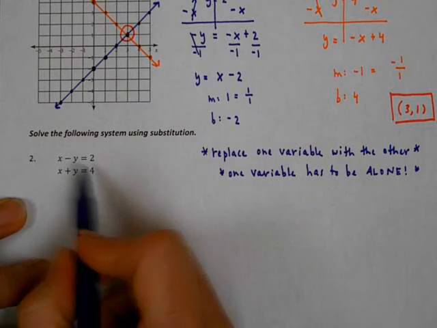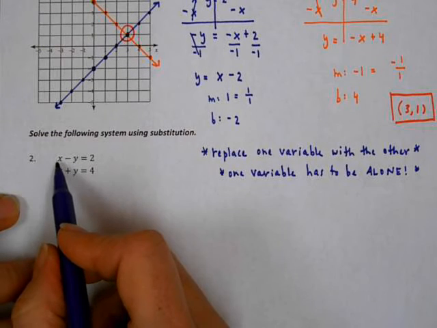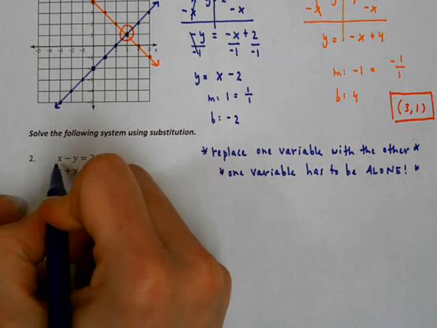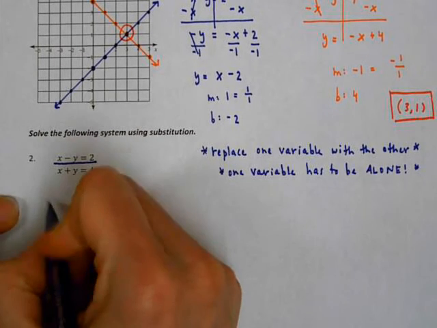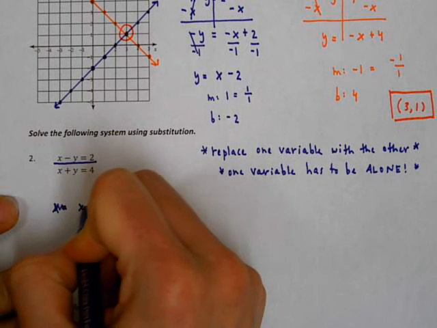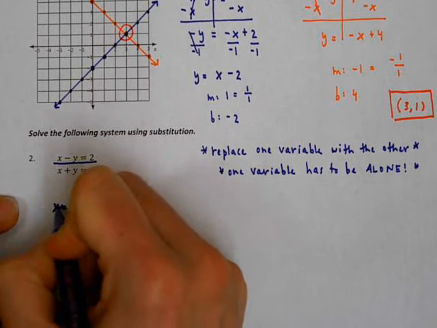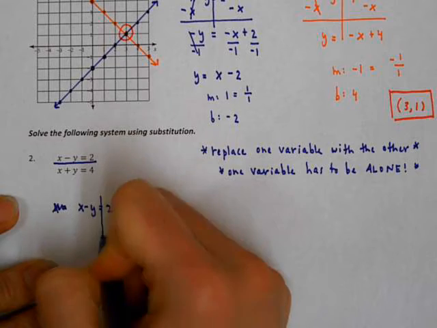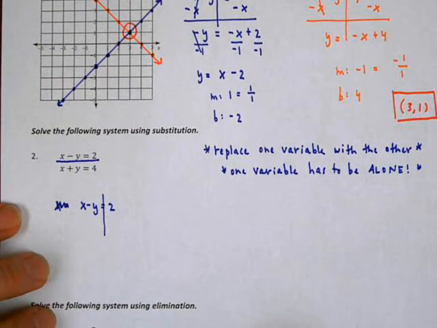Now this is pretty nice here because I notice right away the coefficient of x is 1, so this is going to be an easy one to get by itself. So I'm going to take this equation, x minus y is equal to 2, and I'm just going to do some rearranging to make x all by itself.